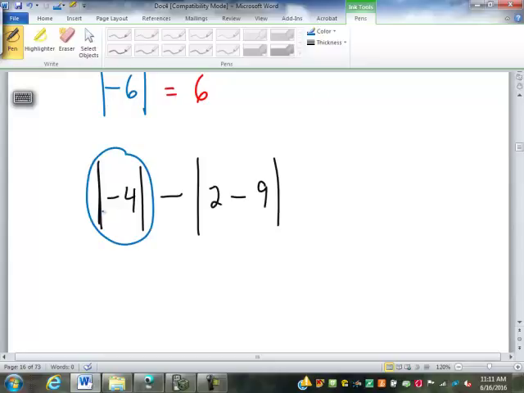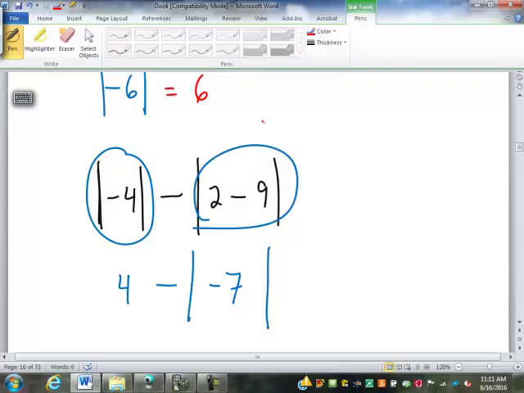Is there anything that needs to be done inside that absolute value symbol? No. So I'm going to do the absolute value and take away the enclosing symbol. So what do I get there? Absolute value of negative 4 is 4. Now I have to do this symbol here. Is there anything that I can do inside that one? You got it. 2 minus 9, which is negative 7.